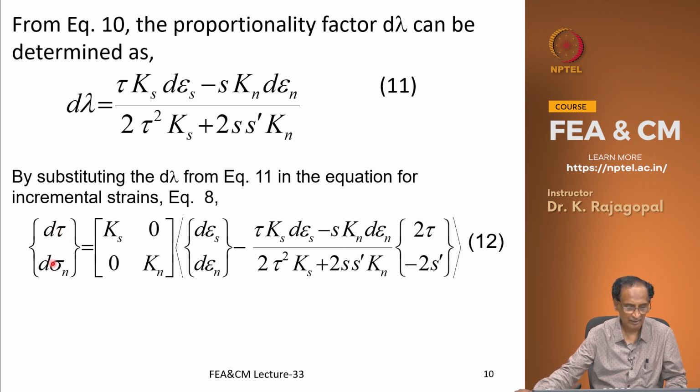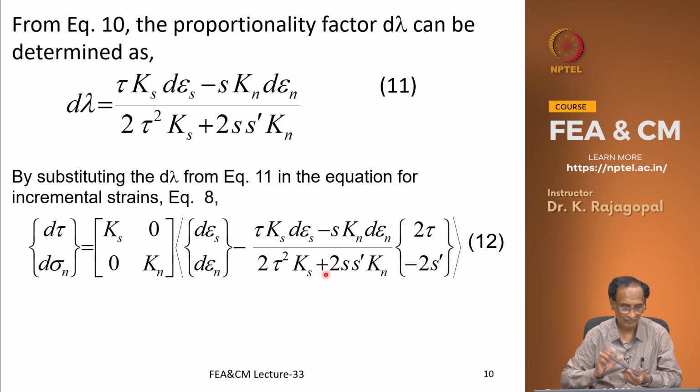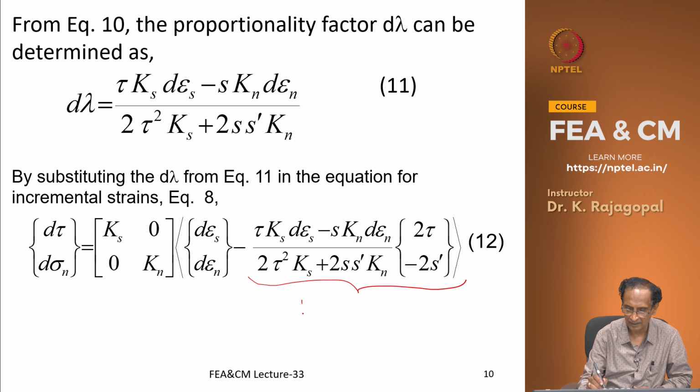And now the stress increment during the elastic plastic state, d tau and d sigma n, is the elastic constitutive matrix multiplied by d epsilon minus the plastic strains. See, basically the plastic strain is d lambda times dou q by dou tau and dou q by dou sigma n. Okay. So, this is our plastic strain increment.